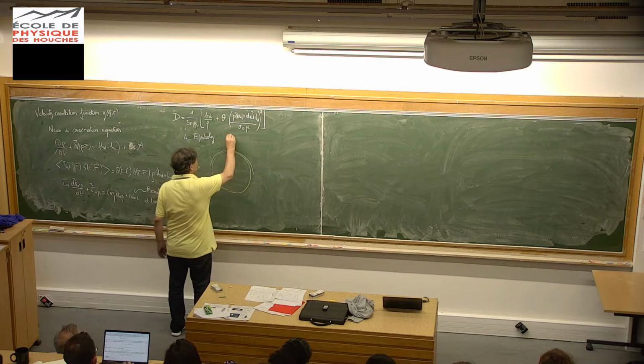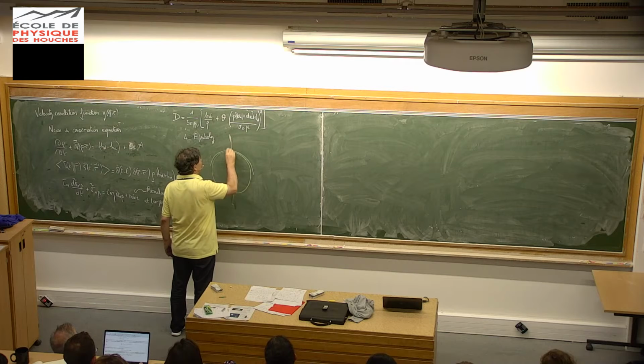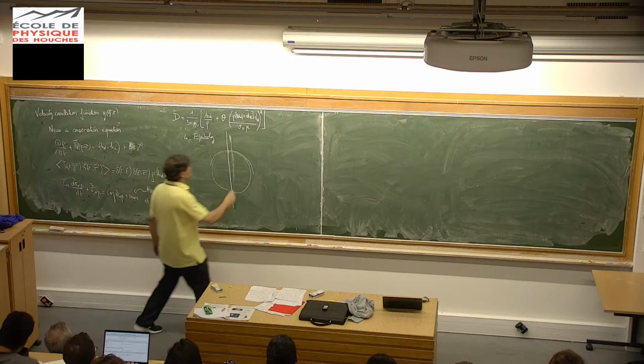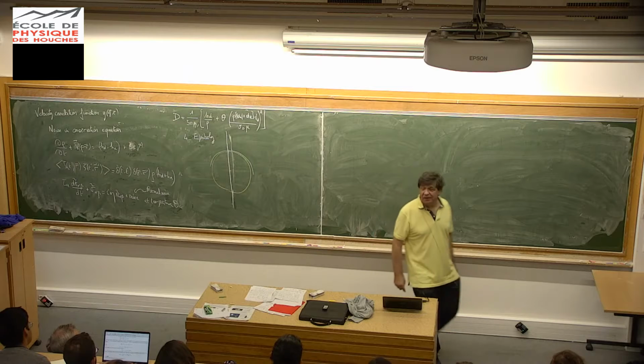So there is a reference axis, which is this one. And the cells of the EVL move on the surface of the sphere.